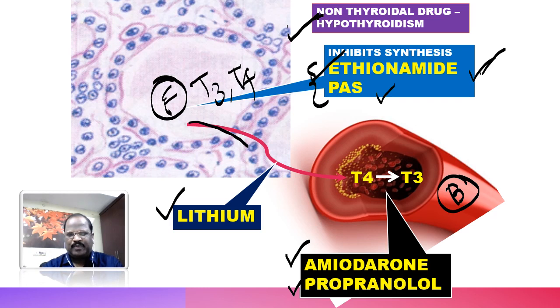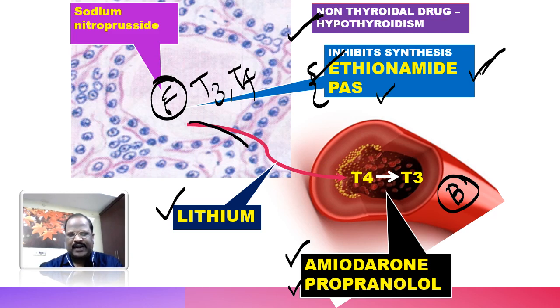Finally, one more important question. We have one anti-hypertensive drug called sodium nitroprusside. Sodium nitroprusside contains cyanide. I already explained, cyanide in the body may become thiocyanate. The thiocyanate may cause inhibition of uptake of iodine.